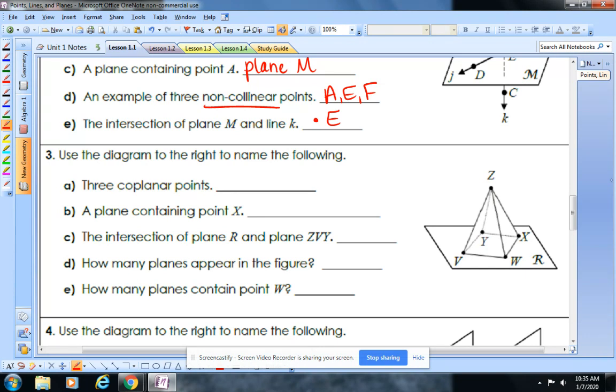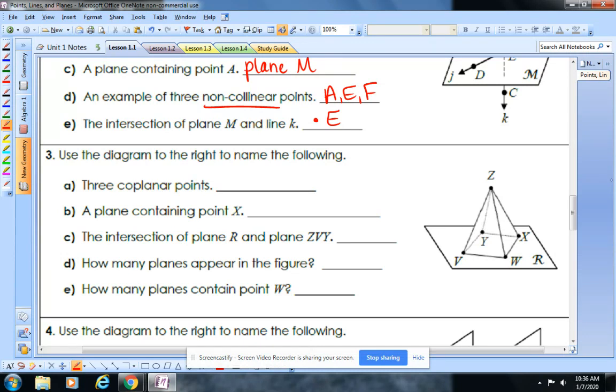So part A wants us to find 3 coplanar points. What are 3 points that are in the same plane? Z, V, and W all make that front face of that pyramid. Very good. Y'all see that? So those are coplanar. Can somebody give me another set of 3 coplanar points? V, W, X. Yes, they make that bottom face, and they're also in plane R, right?